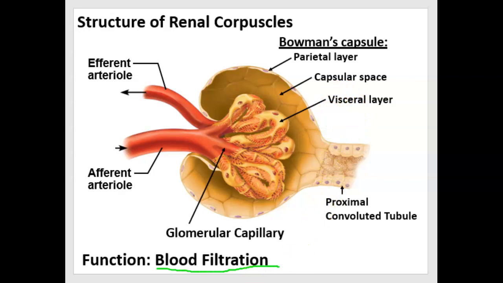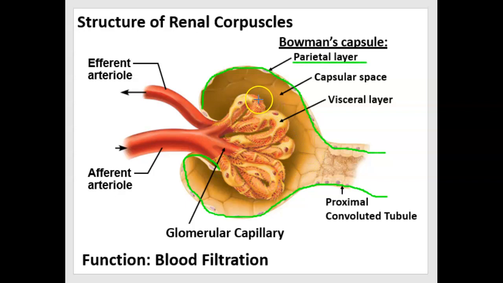Okay, the other things that I need to mention is that this is where filtration of blood takes place, and that Bowman's capsule consists of two layers actually. The outermost layer is called the parietal layer, and that's what we generally think of as this capsule here. And it's continuous with the proximal convoluted tubule's wall. But there's an inner layer as well, and that's called the visceral layer.